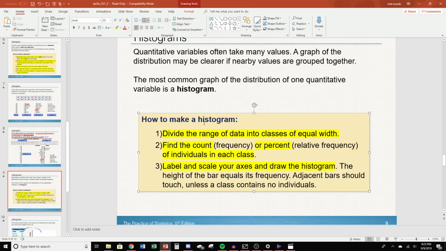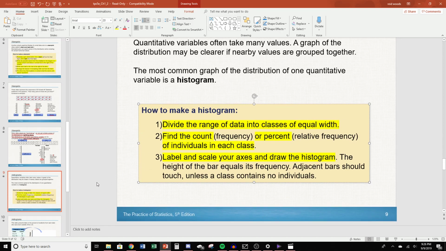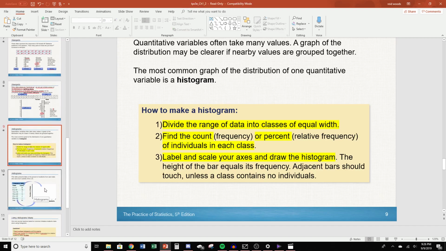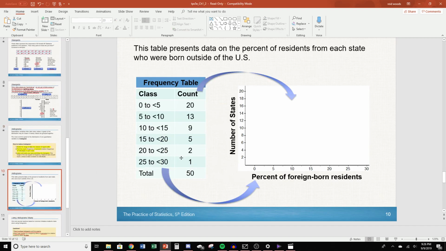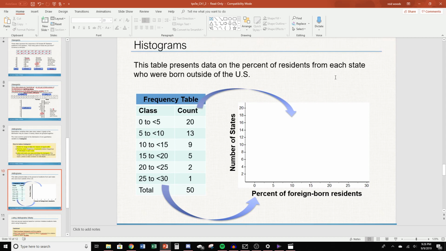Now, a lot of this is how you do it, and you did it by hand, but this is what the calculator is going to do for you. So I'm not going to harp on it too much that you know how to do all this, because I do fully expect that if you have to make a histogram or compare it, you can just use the technology to help you. But anyway, here is an example of the histogram being used. This is percent of residents from each state who are born outside the U.S. Okay.